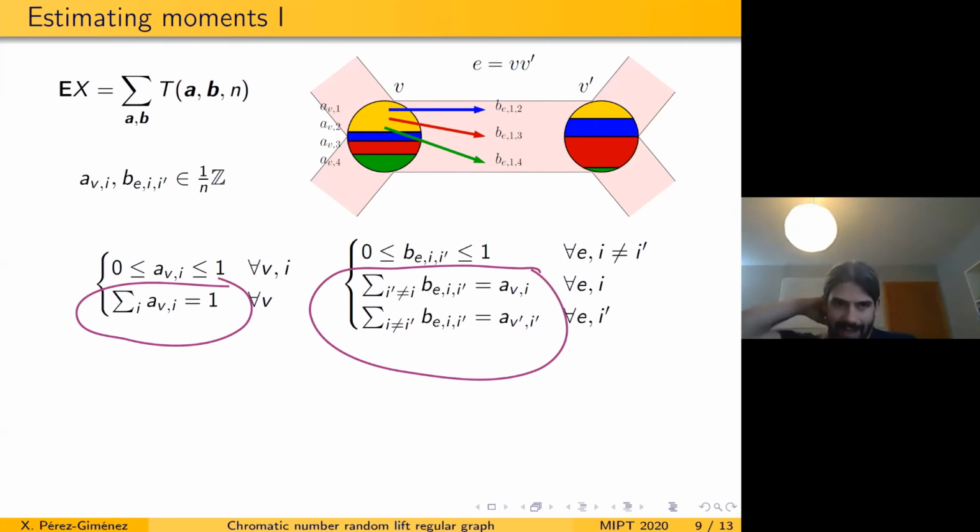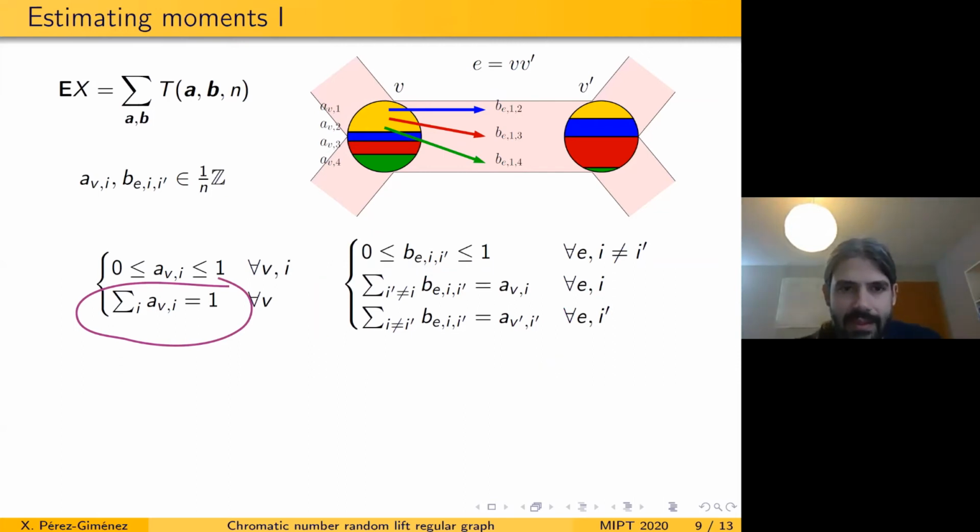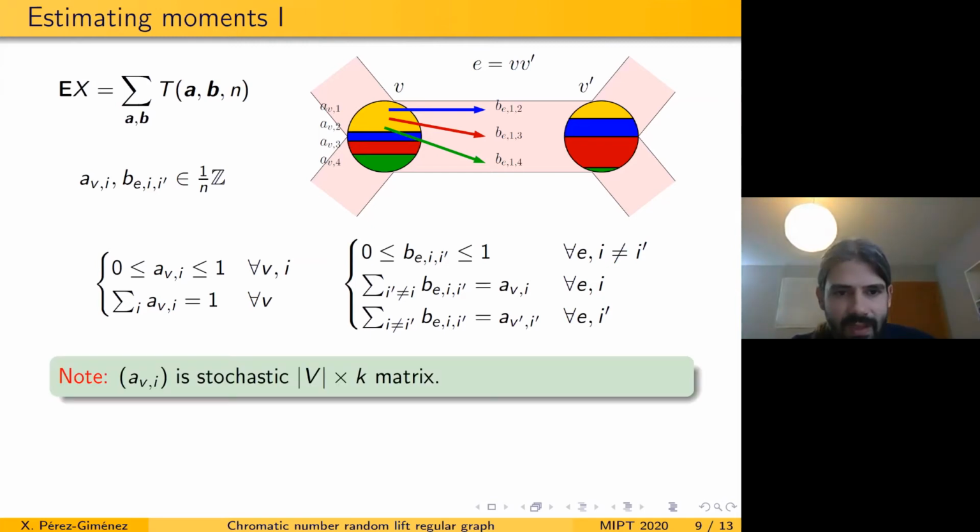So these parameters live in the intersection of a polytope, a lattice, and an affine space. And this will become important. Not so much what these equations look like, so you can forget about the equations, but just remember these three things. And as I said before, for each fiber, these A's live in a stochastic matrix, (d+1) by K, because the rows are probability distributions.